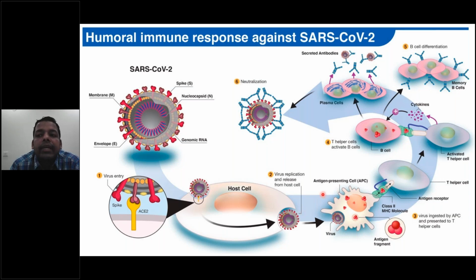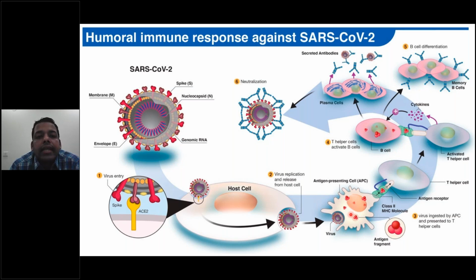These antigen presenting cells bind to the virus via the ACE2 receptor, take this virus inside, and then break up the virus proteins into small fragments, which are then presented in the class 2 MHC molecules on these antigen presenting cells.